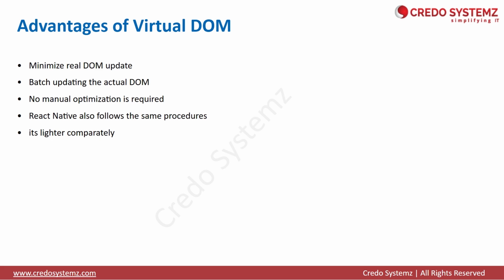If you understand how virtual DOM works in React, the same is applicable to React Native, the mobile app development framework using JavaScript, which also has the virtual DOM concept.